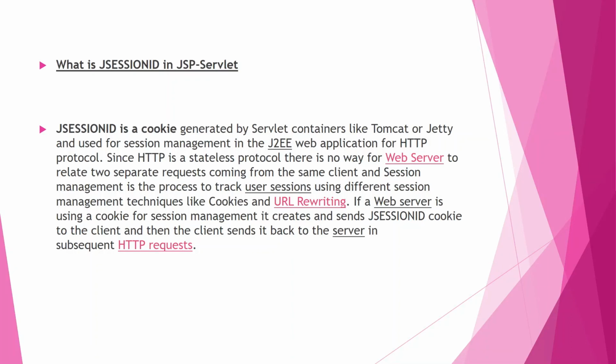Since HTTP is a stateless protocol, there is no way for a web server to relate separate requests coming from the same client, and session management is the process to track user sessions using different techniques like cookies and URL rewriting. If a web server is using cookies for session management, it creates and sends a JSESSIONID cookie to the client, and then the client sends it back to the server in subsequent HTTP requests.